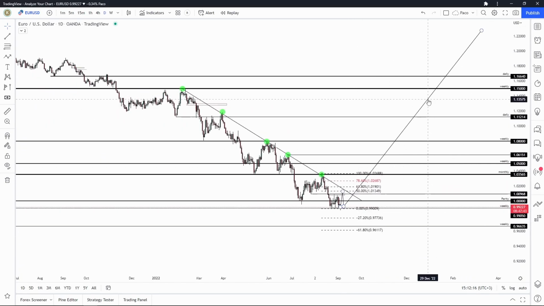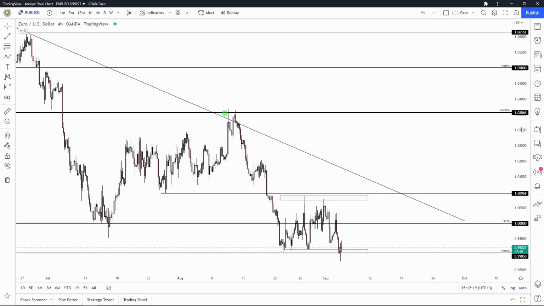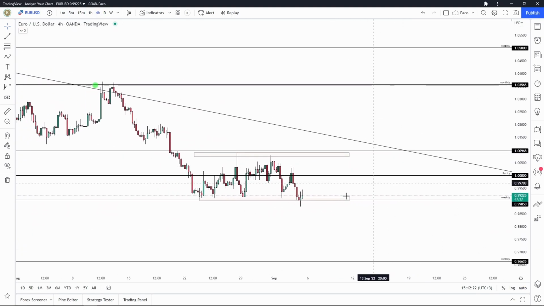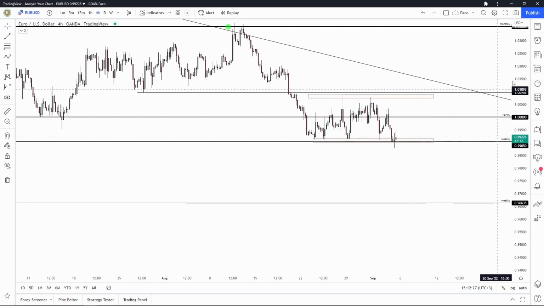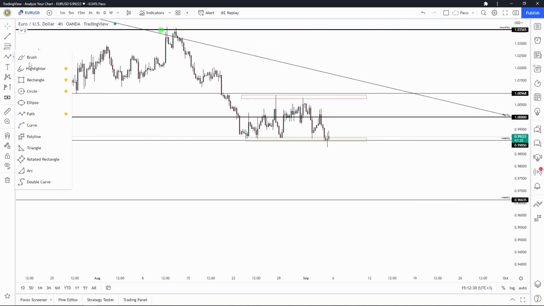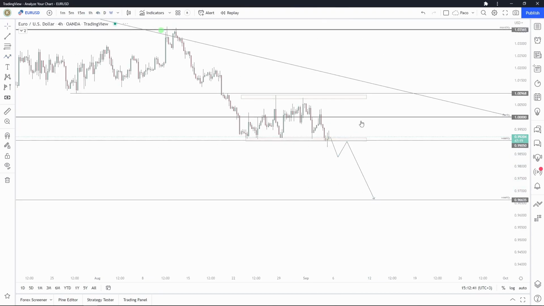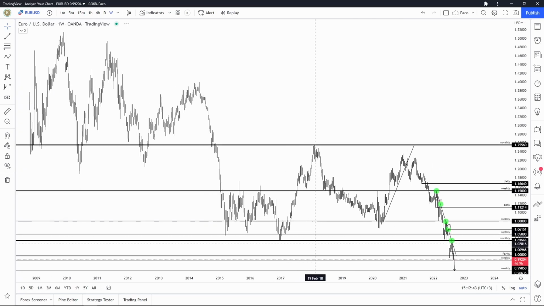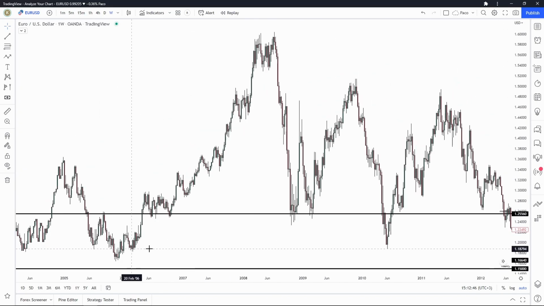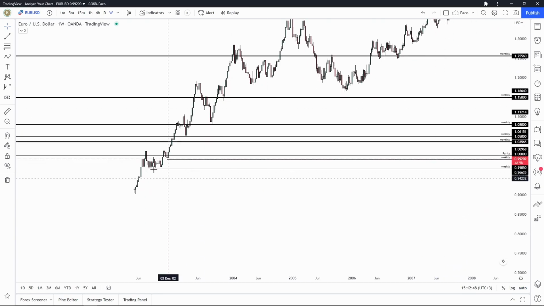Another thing that can happen on the 4-hour time frame: if the price doesn't break these highs over here, there is a possibility of a bearish movement, to break this low over here again, to test it, and to go to the weekly level from 20 years ago, to this level over here, which is 0.9663.